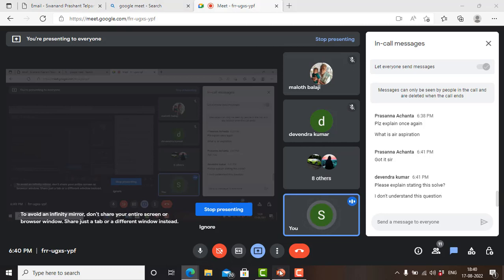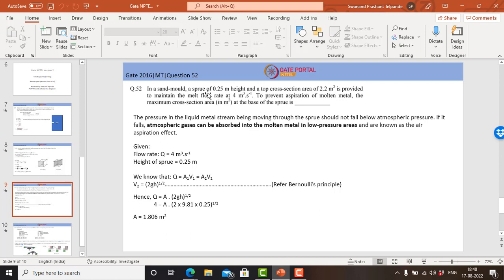I will get back to the question. So here what they have asked is, let's say we don't want any aspiration in the sprue. The sprue is always tapered, broader in the top section and narrow in the bottom section. Because of that we require a certain flow rate, and that flow rate is constant, right? To avoid aspiration we require the same pressure at top and bottom, and we also require continuity.